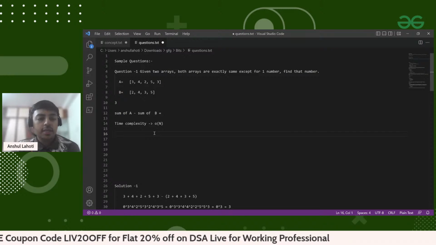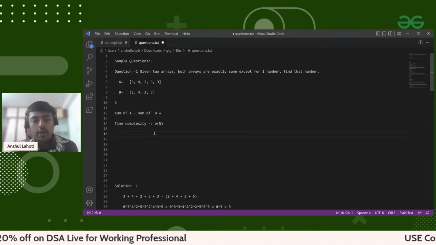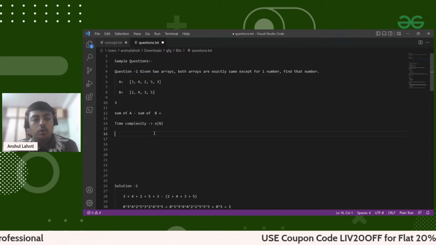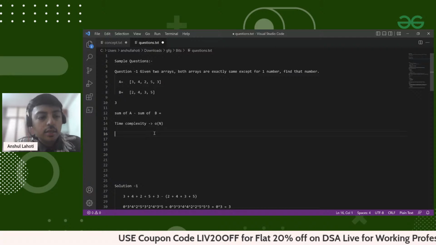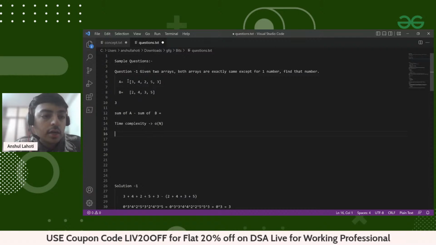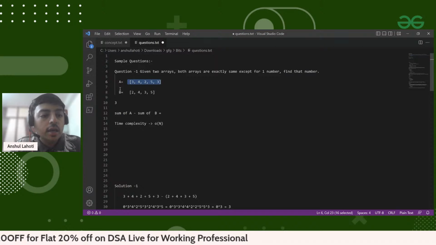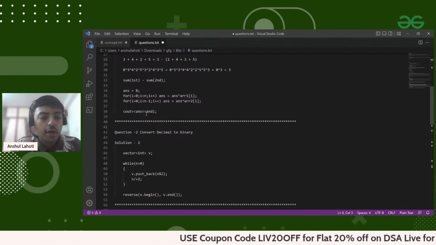Basically, one XOR zero returns one, and one XOR one returns zero. So we will take the XOR of all the A's and the XOR of all the B's, and we will take the XOR of A and B also. So we will get our output. Let me tell you what I am trying to say.